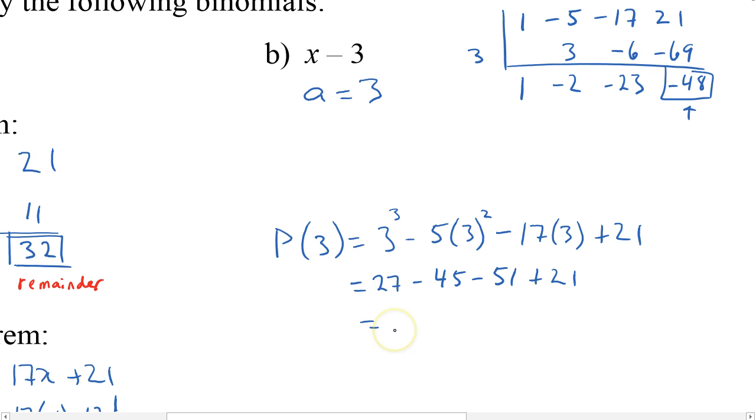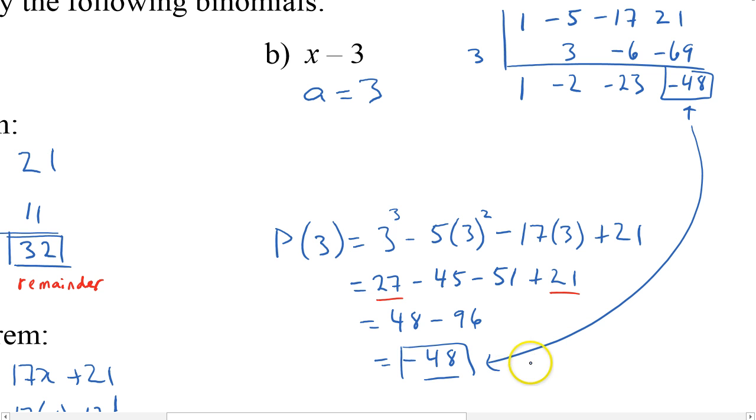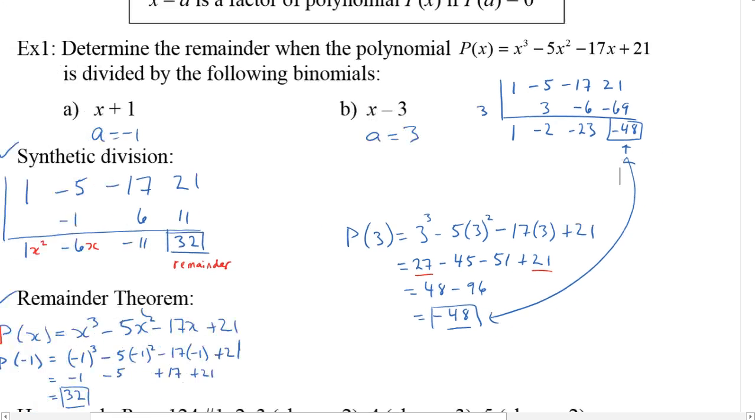At this point it's easier to get my calculator out. I like to put together the positive values, the 27 and the 21, which gives me 48. Minus 45 and 51 gives me a minus 96, which gives me a minus 48. So we get the same answer. Regardless of which way I do it, I can get the remainder.